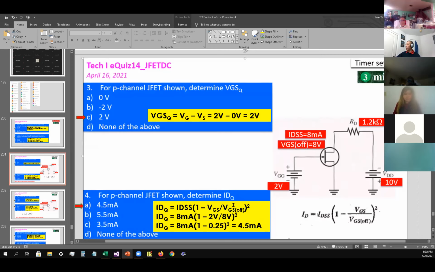So IDSS is 8 milliamps, 1 minus the 2 volts divided by the 8 volts, VGS(off) being +8, quantity squared. Once you put it in your calculator, you should get 4.5 milliamps. So the answer is A for number 4.